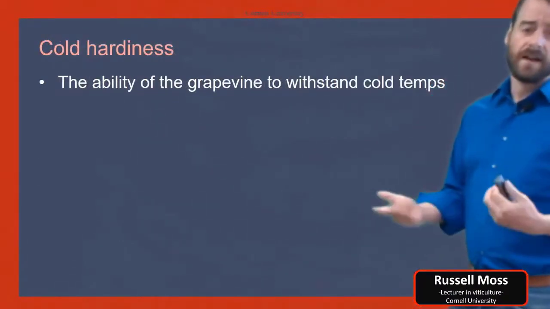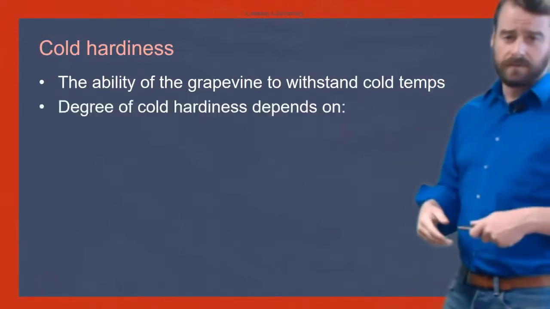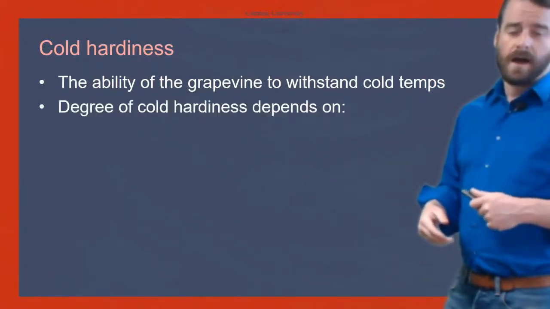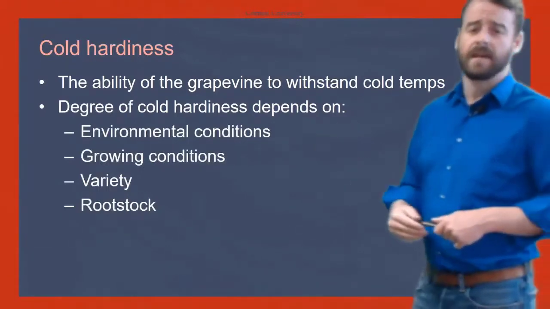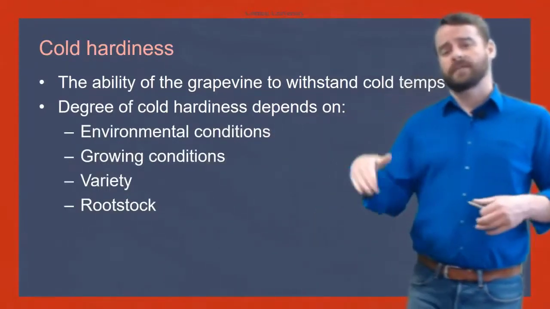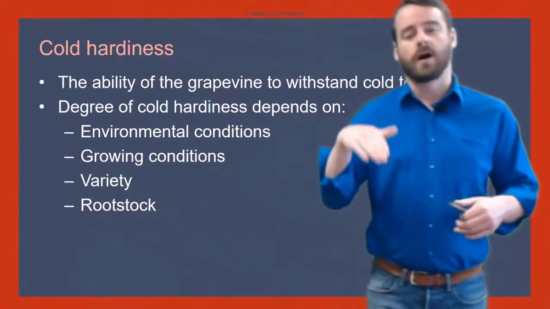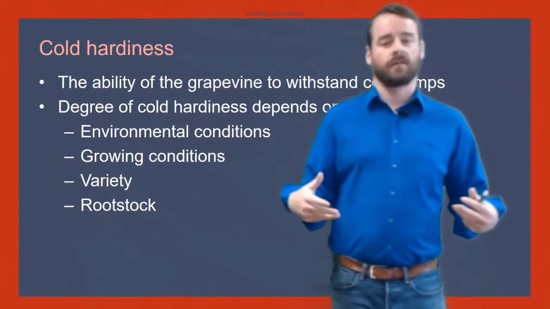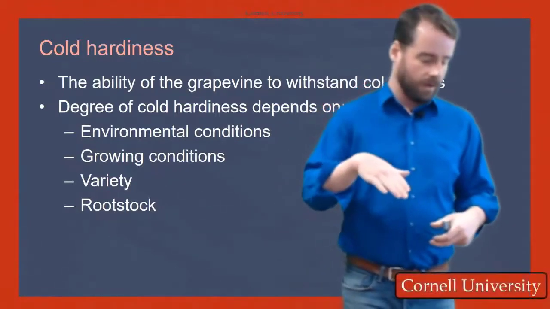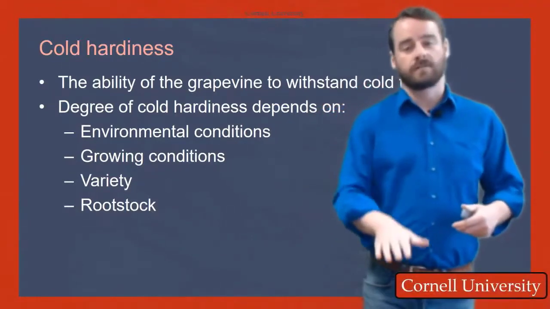Cold hardiness is the ability of the vine to withstand cold temperatures, and the degree of hardiness depends on a lot of things, like environmental conditions. If you have a nice cold spring or a nice cold fall, the vine is going to lose more water, gain more solutes in those buds, and its LTE 50 is going to go down.